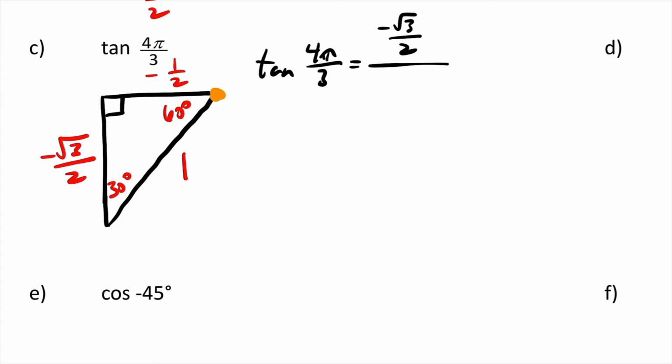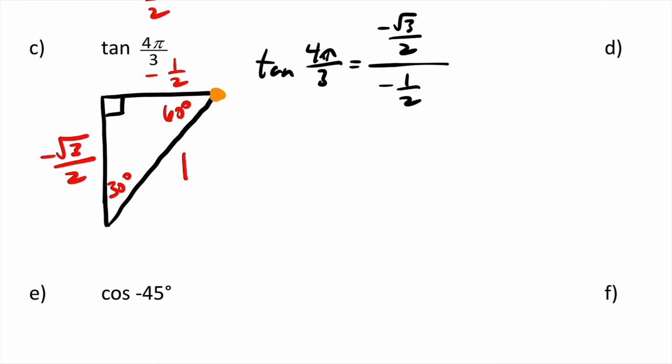That's the opposite side. The adjacent side is negative 1/2. I don't need hypotenuse on this one because tangent doesn't have hypotenuse. So now it's not divided by 1. So now I actually have to divide these.